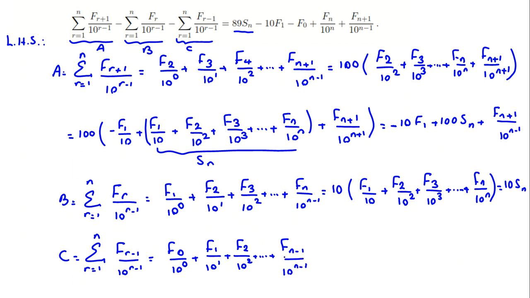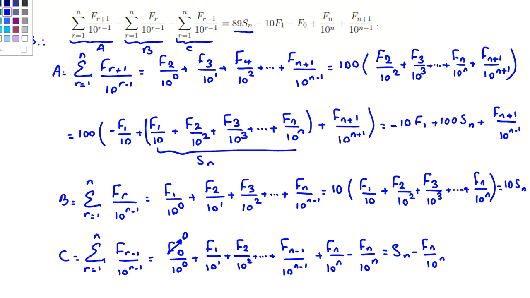Now here, f0 is 0, so we can ignore that. Here, I add fn over 10 to the n to write it in terms of Sn minus fn over 10 to the n. Then it has no effect because it is 0. So this part will be Sn minus fn over 10 to the n.